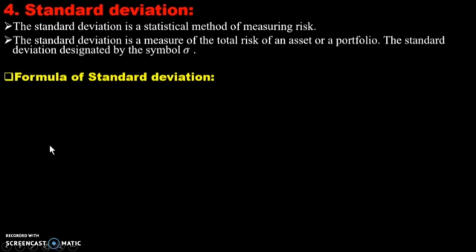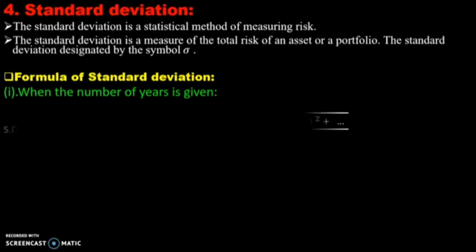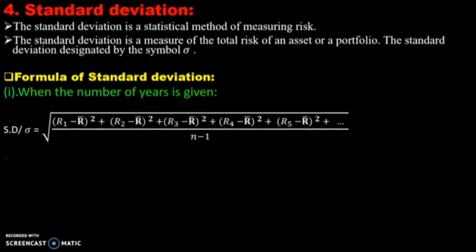We calculate the formula of standard deviation. There are two formulas of standard deviation. Number 1, when the number of years is given, and number 2, when probability is given.